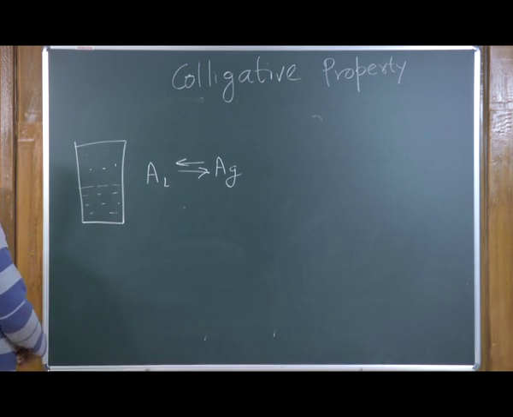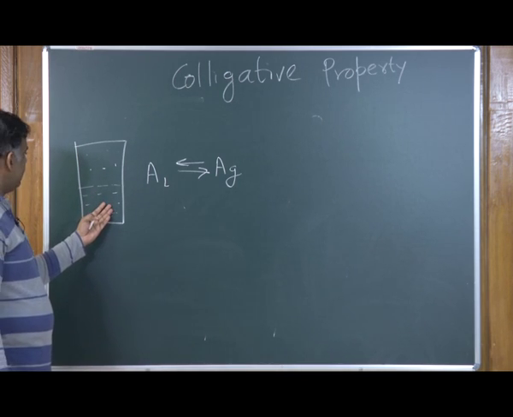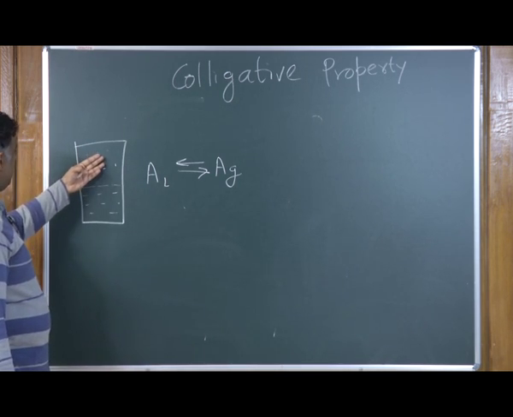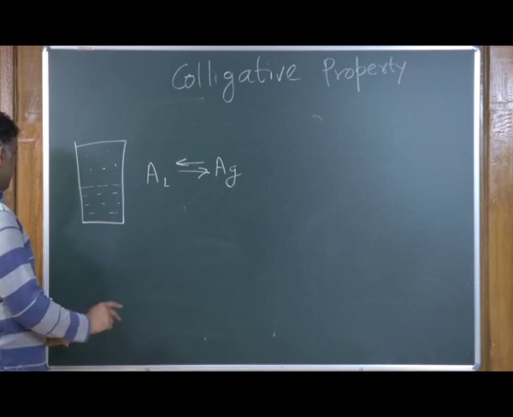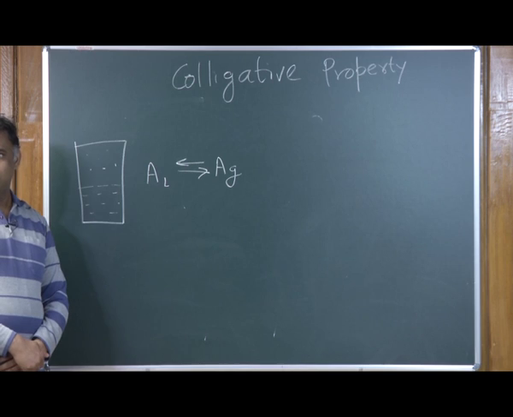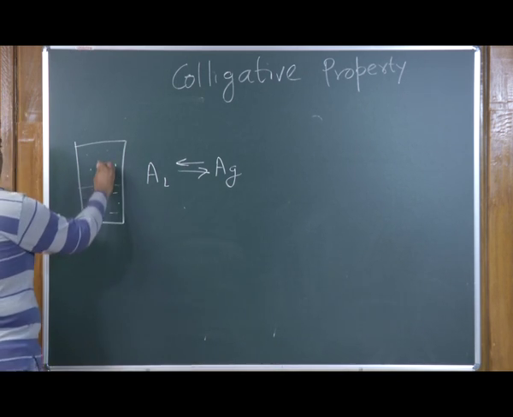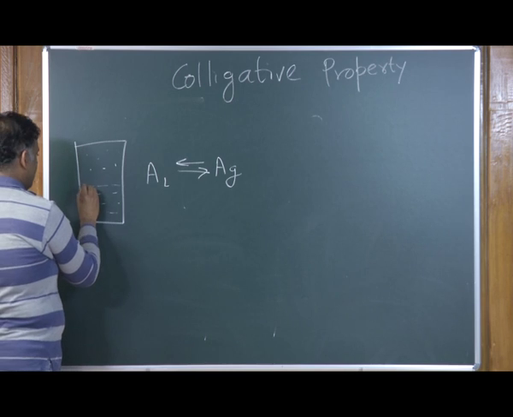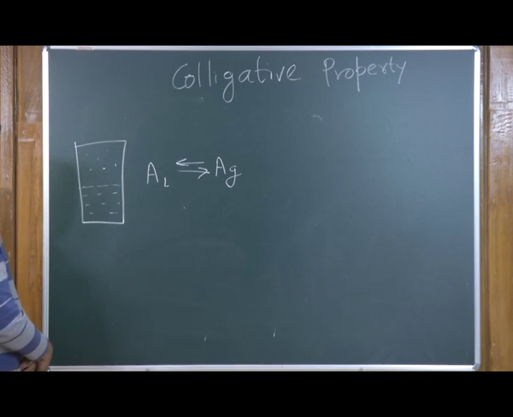In this container we have only the pure solvent and its vapor, nothing else, because we started with an evacuated flask. So, this pressure on the liquid solvent is due to its own vapor, and this is exactly called vapor pressure.